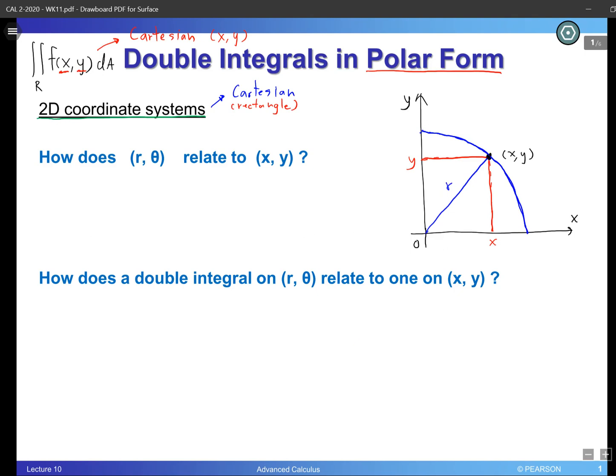But r is not enough because all these points on the circumference of this circle are r away from the origin. We need more information, and that would be the angle that this path, the path that we just drew, makes with the x-axis. So this path makes theta with the x-axis.